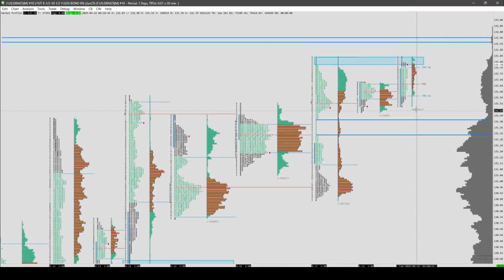So if we are going to break this area, I will be looking for the VPOC of this day, which is sitting at 130s, 94s.